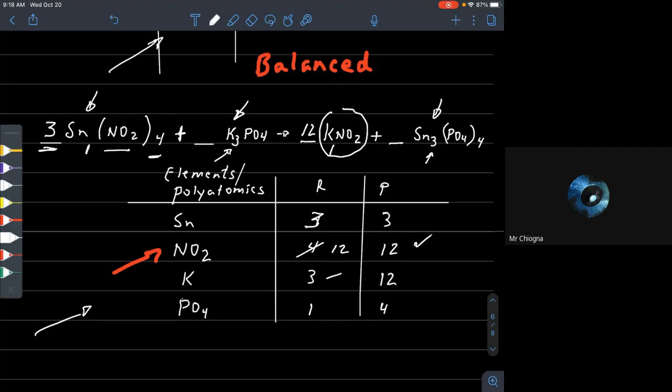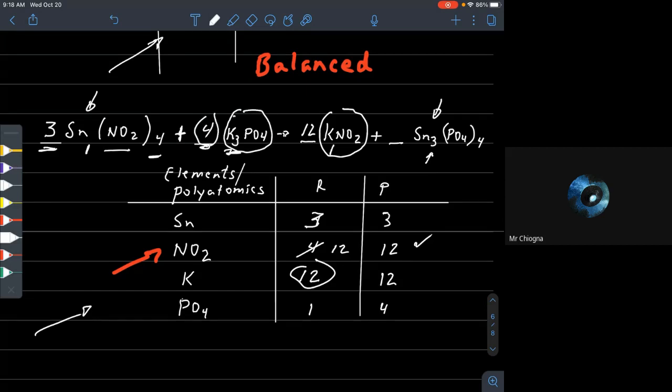But there's 3 on the left. How do I make it so there's 12 on the left? Yeah, good. Put a 4 in front. That gives me now, I'm going to erase this because I'm running out of room here. That gives me 12 potassium on the left. Okay. Does it affect anything else? The 4 multiplies with the 3 to give 12. But remember, the coefficient multiplies with everything to the right of it.